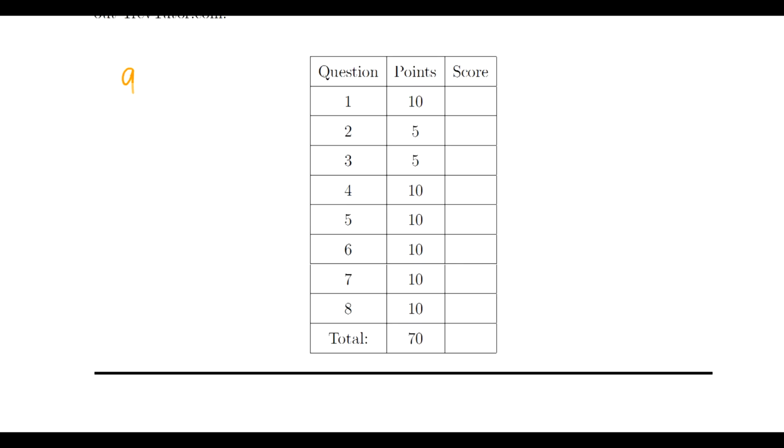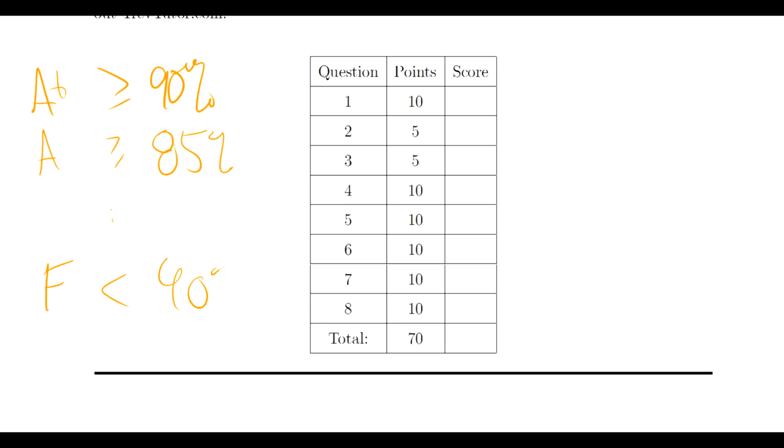Basically, anything over 90% would be an A+, an A would be 85 plus, and this would go down to an F, which would just be anything below 40%. And of course, if there were topics you didn't cover, just subtract it from the total and figure out what you got.